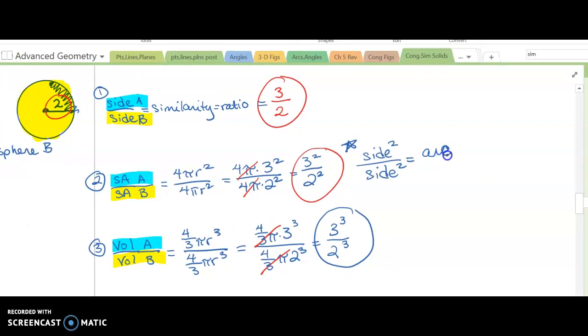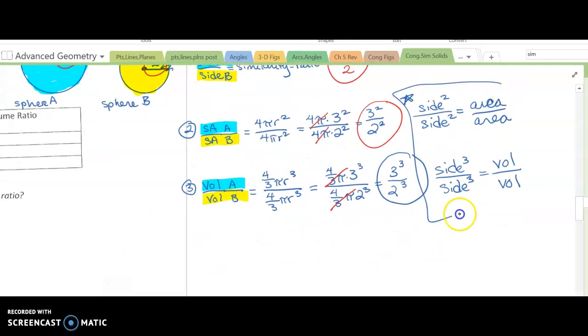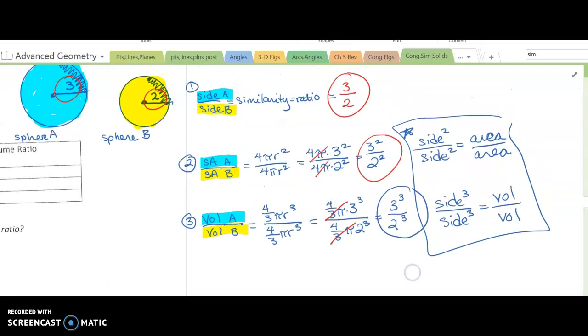Surface area is just a specific type of area. So our new one for today is that side cubed over side cubed equals volume over volume. So these are our new theorems for today. This works with any shape, not just with spheres. It just is the most clear that everything cancels out in the sphere formulas.